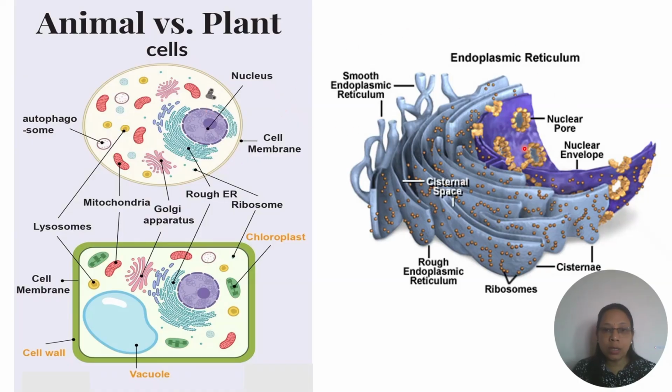As we have seen, it is present near the nucleus because the outer membrane of the nucleus extends in the formation of the endoplasmic reticulum. This is the nuclear part, nuclear pores also shown here, and the outer membrane of the nucleus continues in the formation of this sac-like, network-like structure, which is nothing but endoplasmic reticulum.